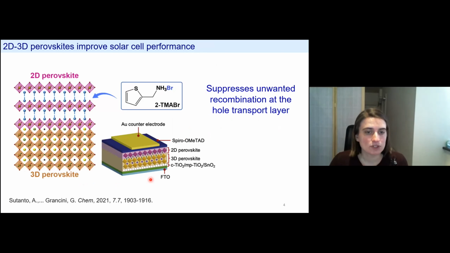Now, in terms of solar cells, 2D perovskites are interesting because there are a lot of reports that they can boost the efficiency of the solar cell. You can combine a 2D perovskite with a 3D perovskite in the absorber layer of the device. And if the 2D perovskite is at the interface with the hole transport layer, this can suppress unwanted charge carrier recombination, which boosts the performance.